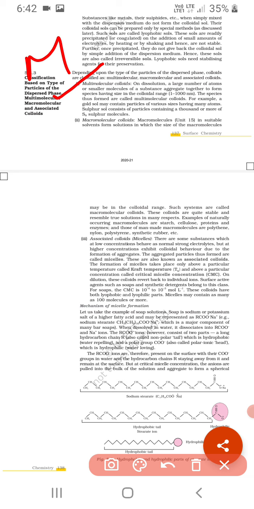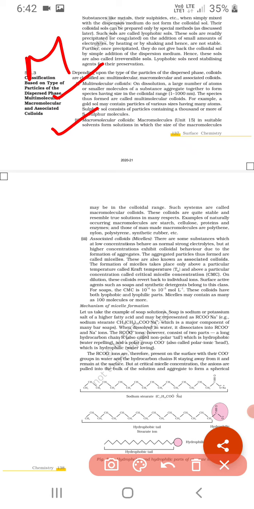That means their individual particle size is small, but when they collect one another, aggregate and form a particle size in the range of 1 to 1000 nanometer, they are called multimolecular colloids. The best examples are gold sol and sulfur sol, right?